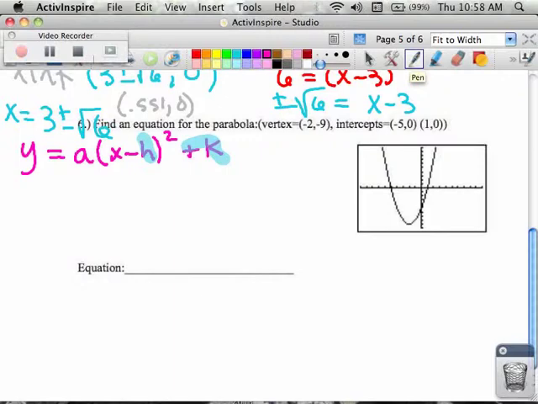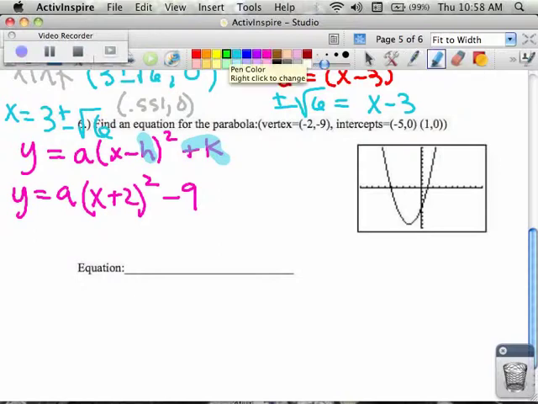So already this equation really looks like y equals a parentheses x plus 2, thank you, yeah, squared minus 9. So the 2 and the 9, in case you're wondering, the 2 that is here came from that 2, and the 9 that's here came from that 9.